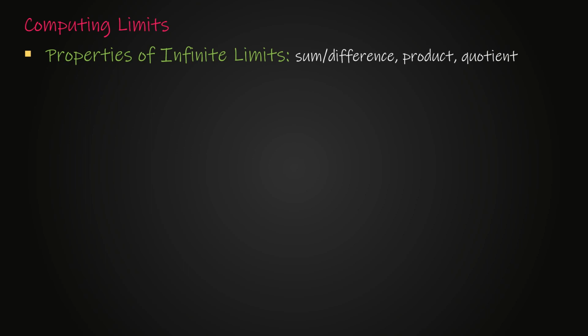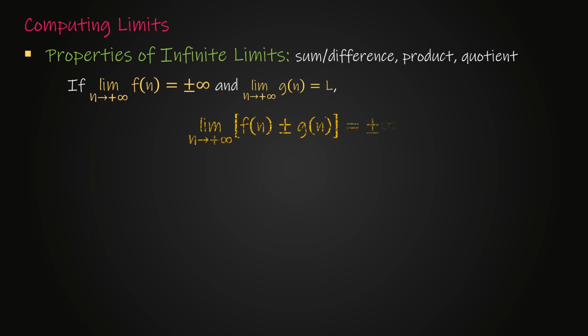For sum or difference and quotient rule, if the limit of one sequence is infinite and the limit of another sequence is a finite number, then the limit of the sum or difference of these sequences is also infinite, whose sign depends on the sign of the infinite limit. While the limit of the quotient of the finite limit and the infinite limit is equal to 0.